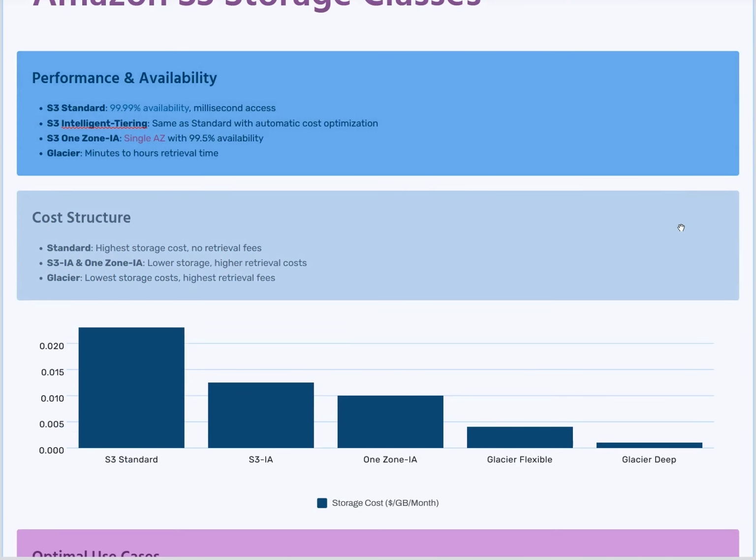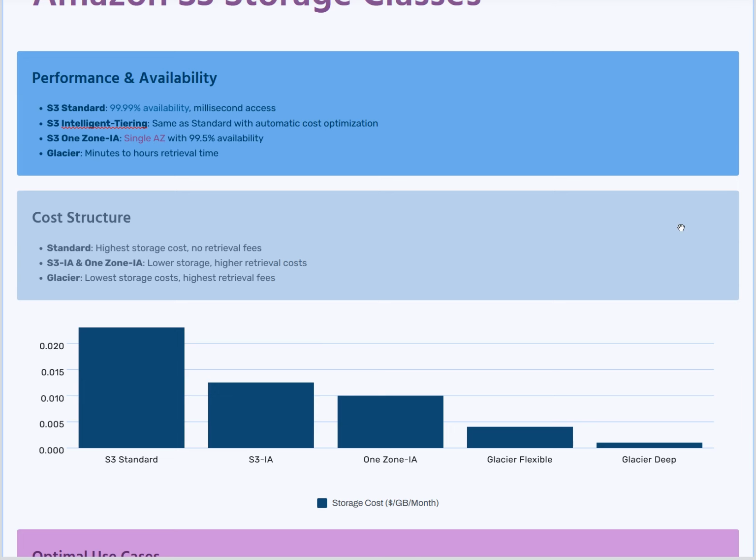So along with performance and availability, the other thing you consider is the cost structure. Standard has the highest cost to keep, but there's no retrieval fee, so you can access it straight away. Intelligent-Tiering and One Zone-IA have lower storage and higher retrieval cost.